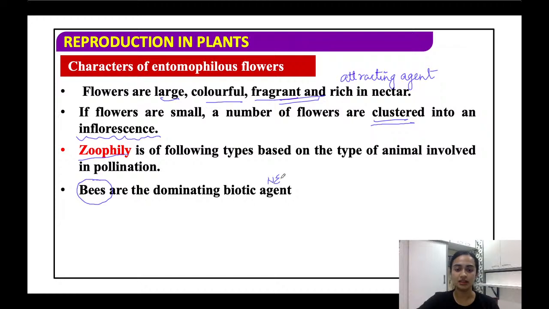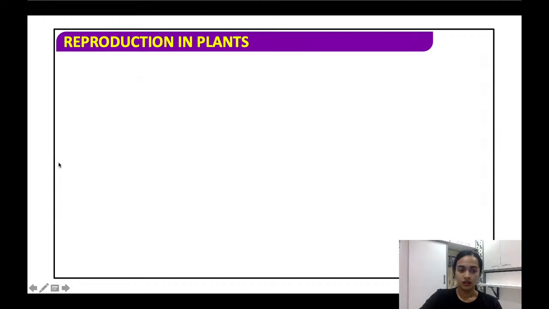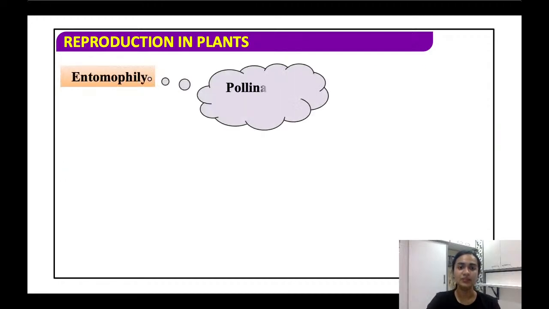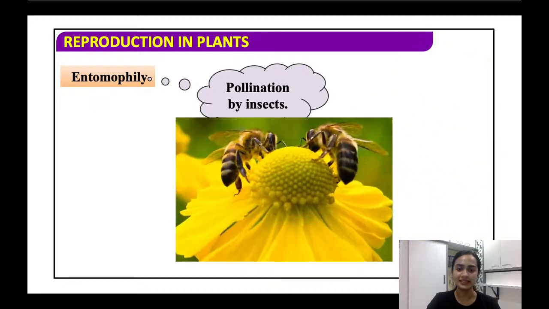Again, a very important objective question. Yes, so the first type of zoophily is entomophily, that is, pollination by insects. See, as I said, bees are the most common one. Here is a snapshot of bees pollinating, taking up the nectar and causing pollination.